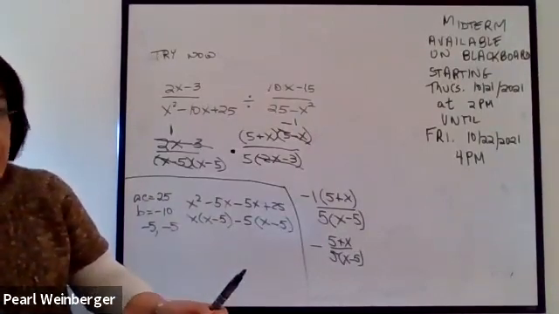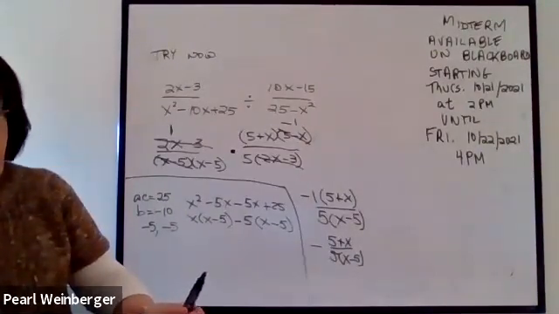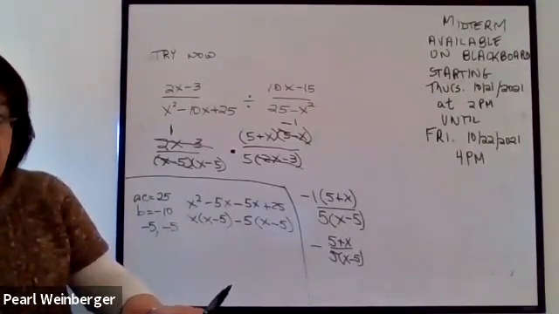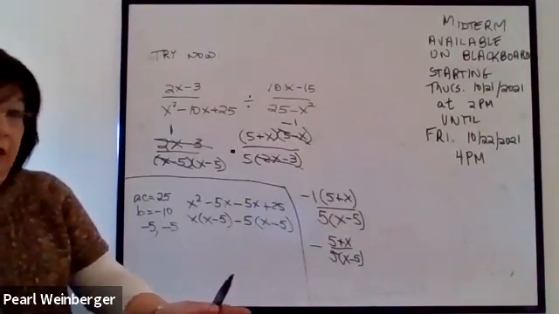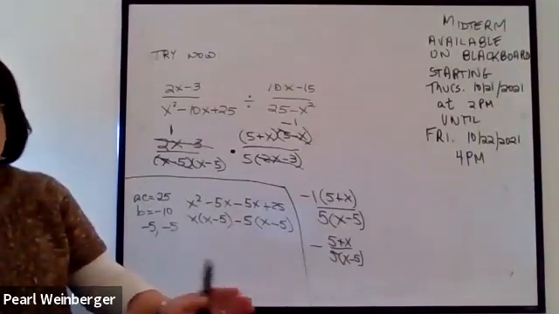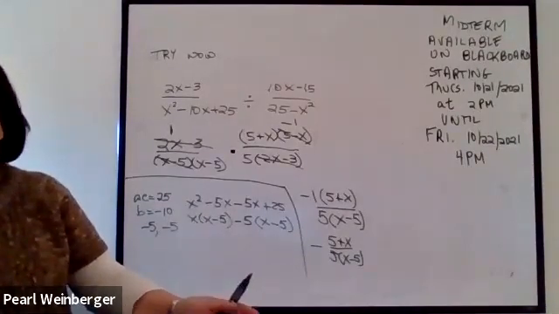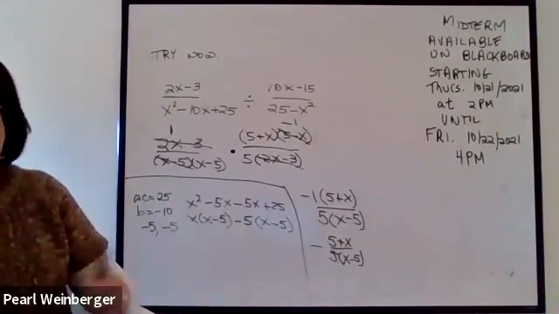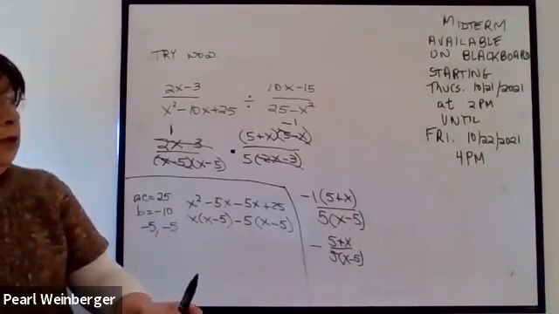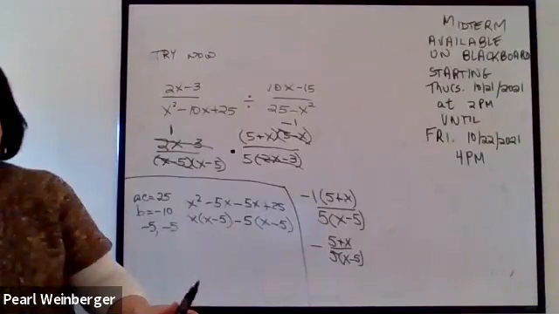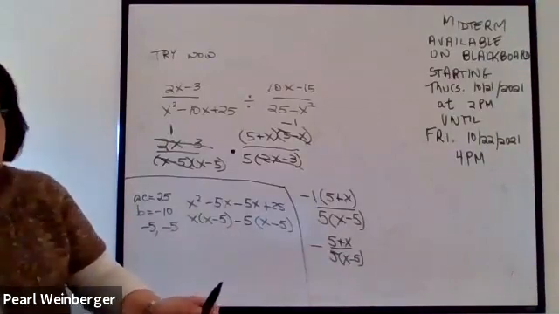Again, like test 1 on Blackboard, it is 20 multiple choice questions, and I'm giving you, I think, 75 minutes. It's really supposed to be 60 minutes, but I'm giving you a little bit of leeway because sometimes it takes a little bit of time to get your computer set up. Once you start the test, you must complete it in one sitting.